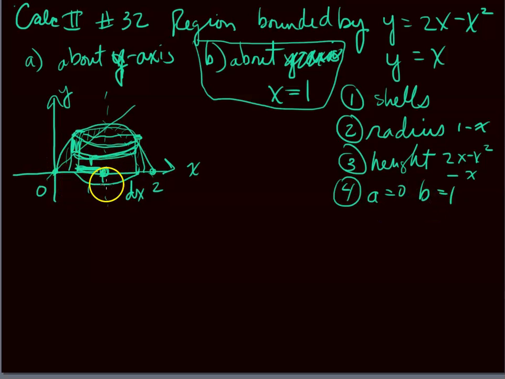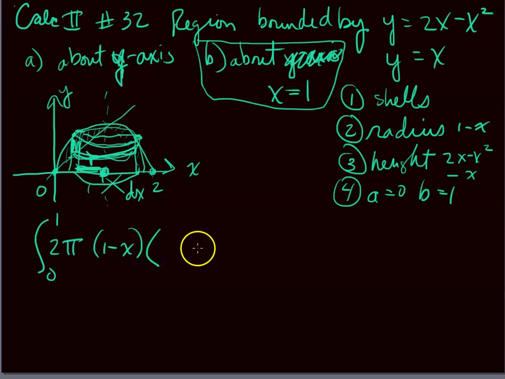So my drawing was maybe not so great. I went down too far. I should have only gone down to this spot right here, not all the way down here. So the integral from 0 to 1, 2 pi r is just going to be 1 minus x. And the height is 2x minus x squared minus x dx.